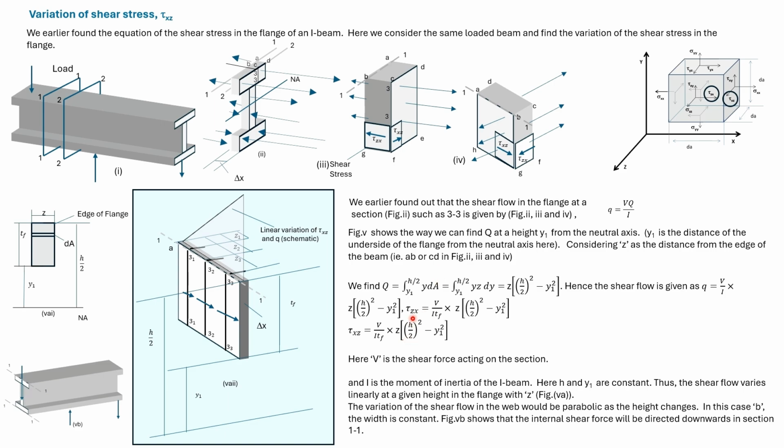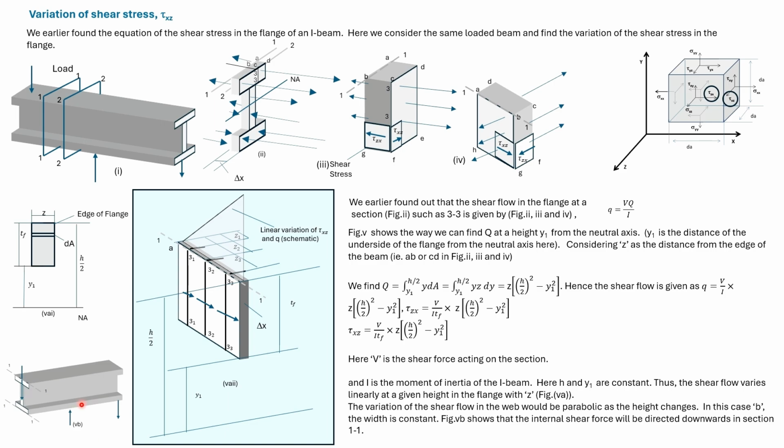Now tau Zx and tau xz both vary linearly with Z. So the shear stress acting at section 1-1 will vary linearly with Z as shown. The shear flow in section 1-1 will also vary linearly.